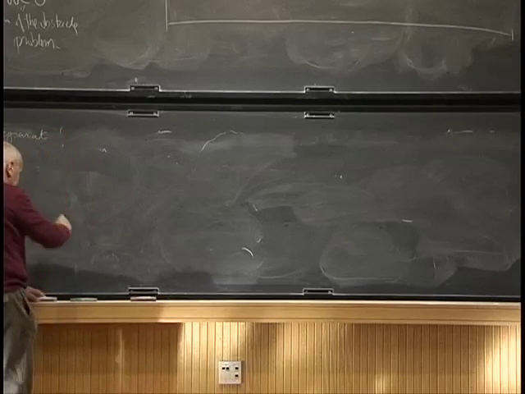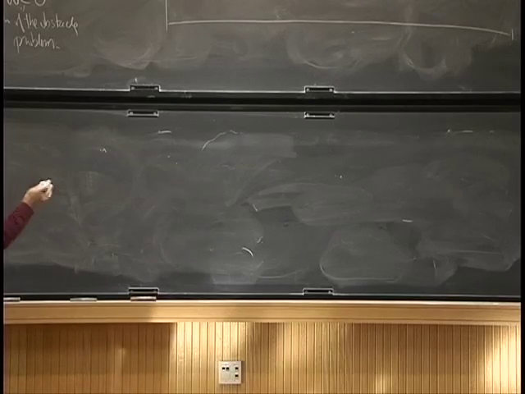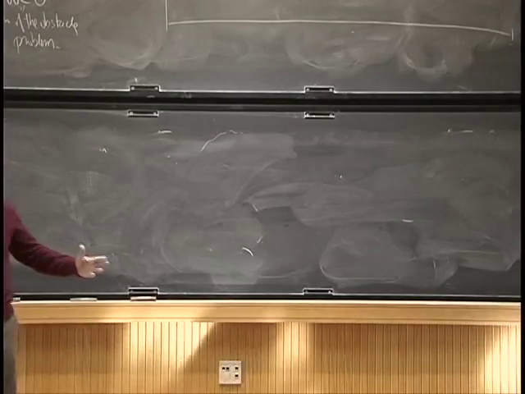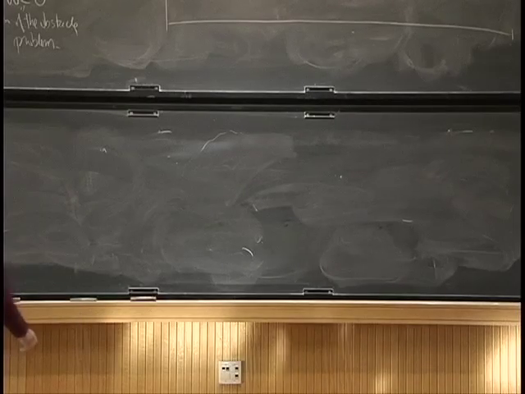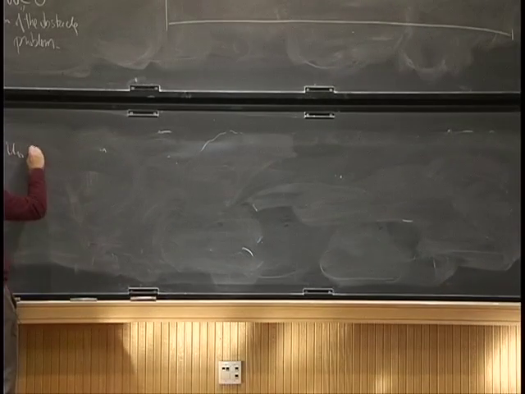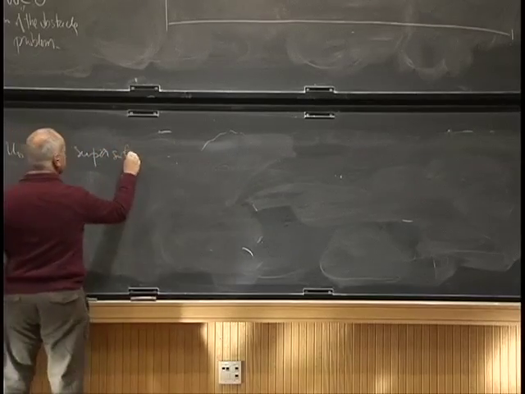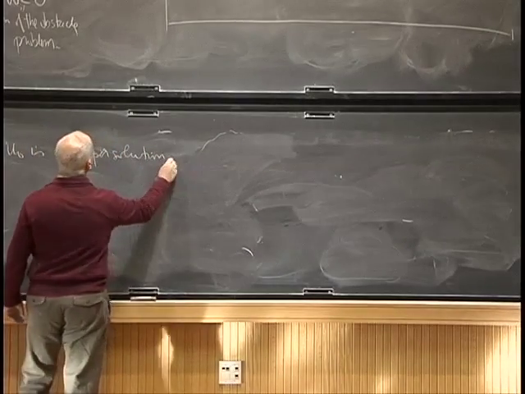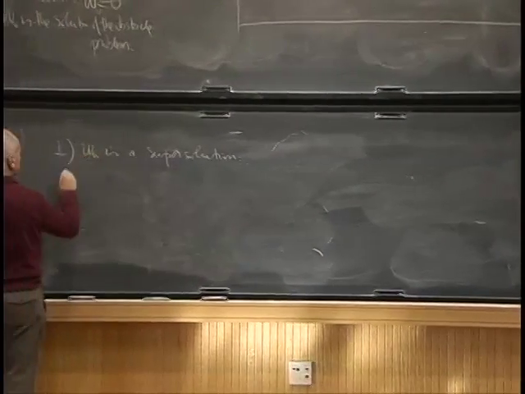So what are the properties of W0? Okay, the first property is that W0 is a super solution. The smallest of a family of super solutions is a super solution.